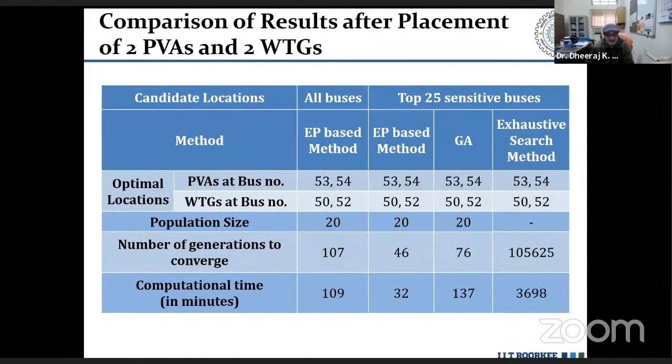And here we have a comparison of the different methods. In the first case, we considered all buses as candidate buses. In the EP based method, again, we got this as the optimal solution, and it converged in 107 generations and took about 109 minutes.